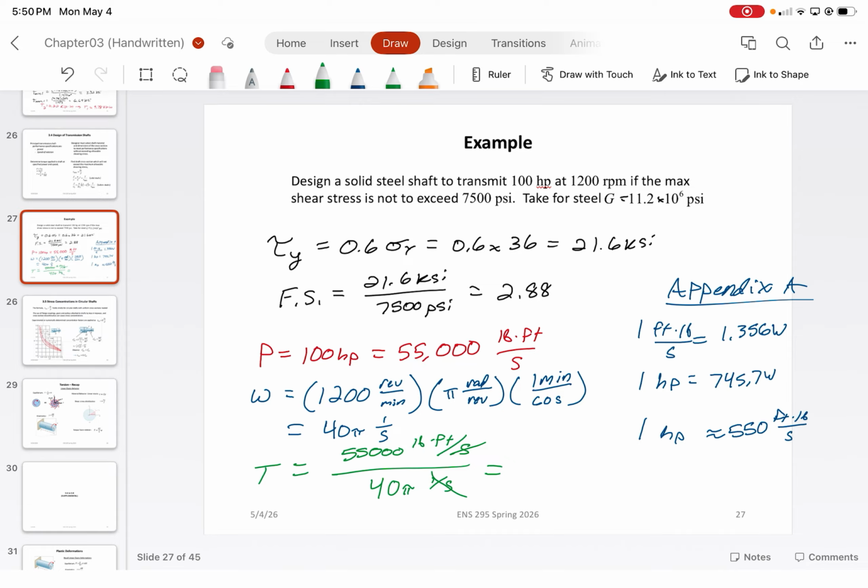The 1 over seconds cancel, which should give us a torque of around 437.7 pound-feet. You can multiply that by 12 if you want to work in inches, then that's approximately equal to 5,252 pound inches.